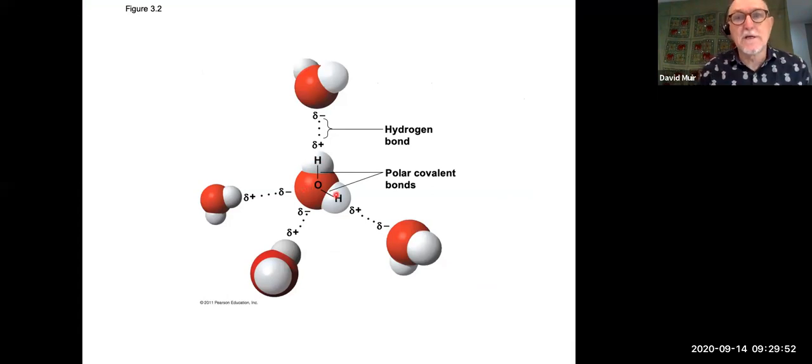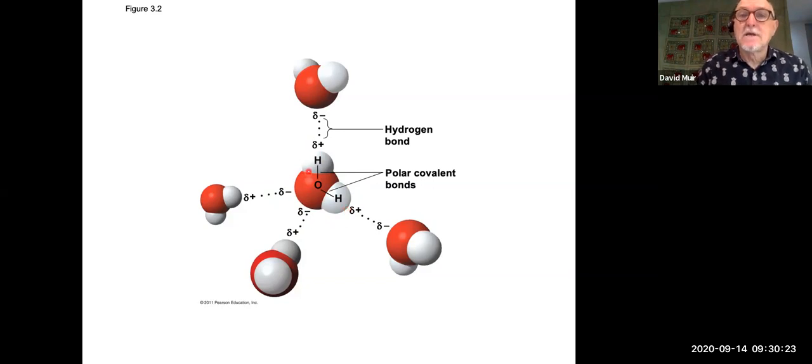Now remember that water is a covalently bonded substance. The electrons are circulating, all of the outer electrons are circulating in a cloud around all three of the participating atoms. But oxygen is strongly electronegative, and the electrons spend more time around the oxygen than they do around the hydrogens. They are pulled towards the oxygen.